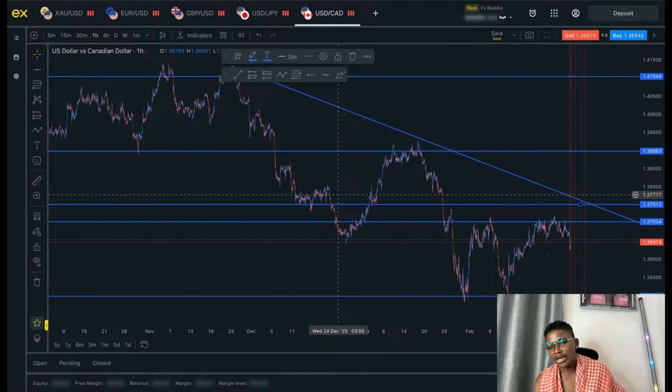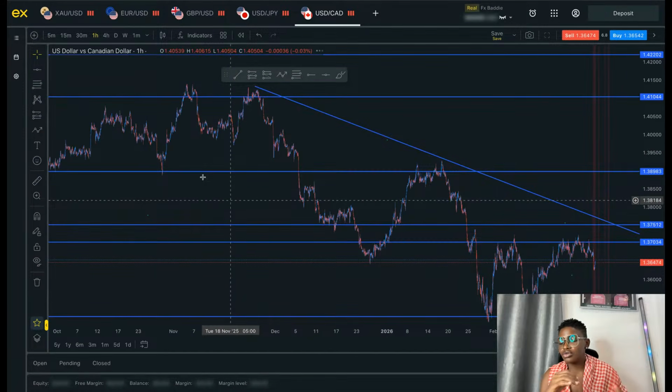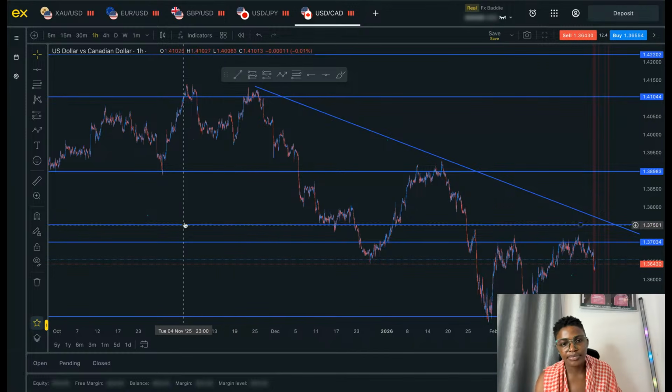Just make sure that you always have your confluences checked, and you have seen the bigger picture on the higher time frames before you are actually taking that entry on the 15 minutes or 5 minutes. Don't even go to 5 minutes unless you are a scalper, please.